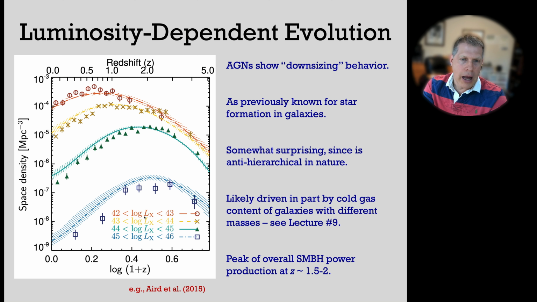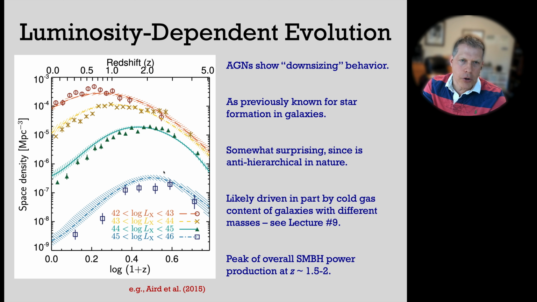You go to lower luminosity still, however, this yellow curve, well, there you can see the AGNs peak at still later cosmic times, still lower redshifts, and they still have declined, but much less of a fractional decline than happened for the very luminous systems. And then here for the lowest luminosity AGNs that we study with the X-ray method, well, they decline also a little bit, but it's only a factor of several since their peak. So these AGNs are still going strong at late cosmic times.